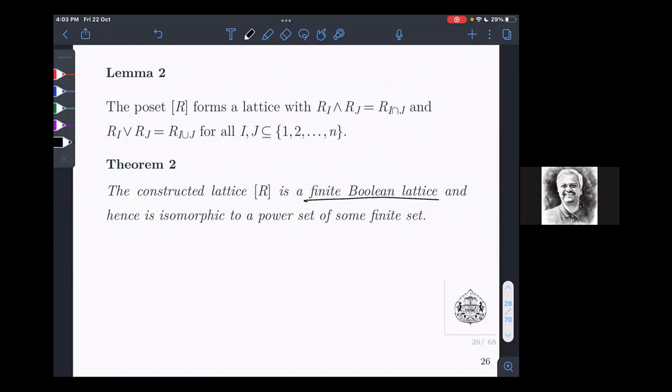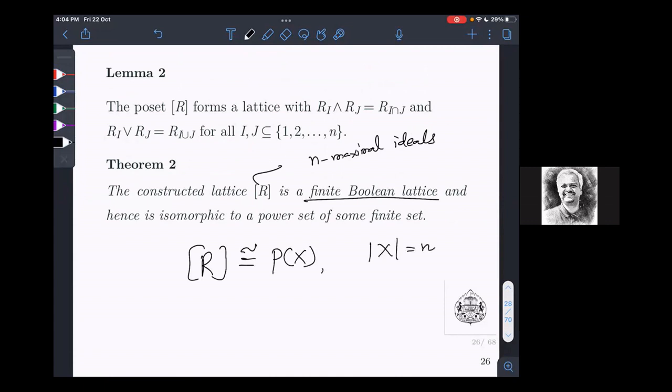That means it is isomorphic to the power set of some finite set. In fact, this square R, if R has say n maximal ideals, then this will be isomorphic to the power set of X where the cardinality of X is n.